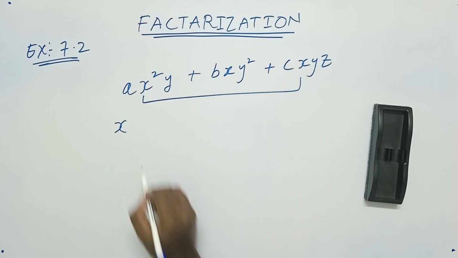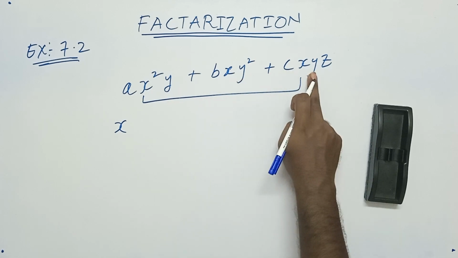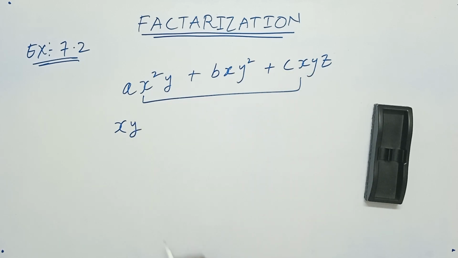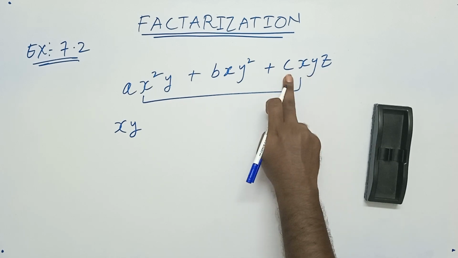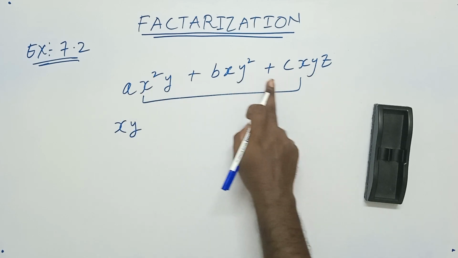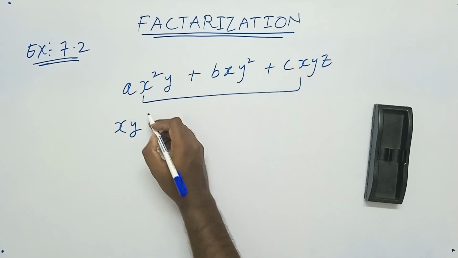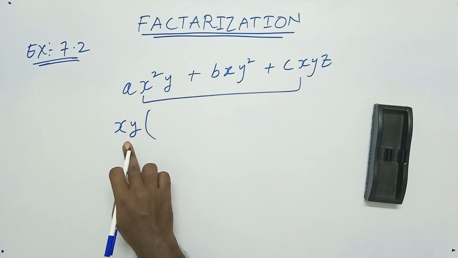What is the HCF? X is the HCF. Y square, y: here y is the HCF. Also you have c and z in this term, but no other terms have c, z, so leave it as it is. Now we got the HCF xy.